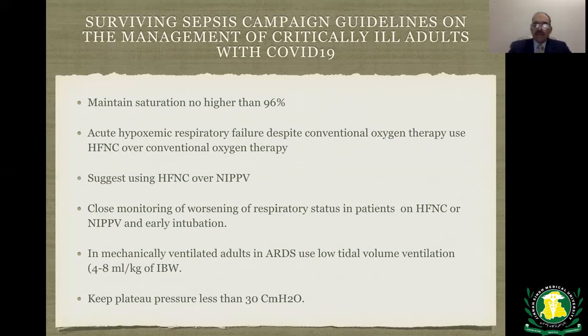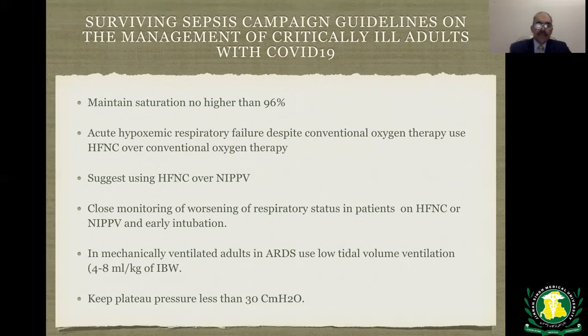And if a patient requires more oxygen that cannot be given by nasal cannula, then you should use high flow nasal cannula, but try to avoid BiPAP because it will generate aerosols. And also try to avoid bronchodilators given by nebulizer treatment. If these patients need a bronchodilator, give it by MDI.